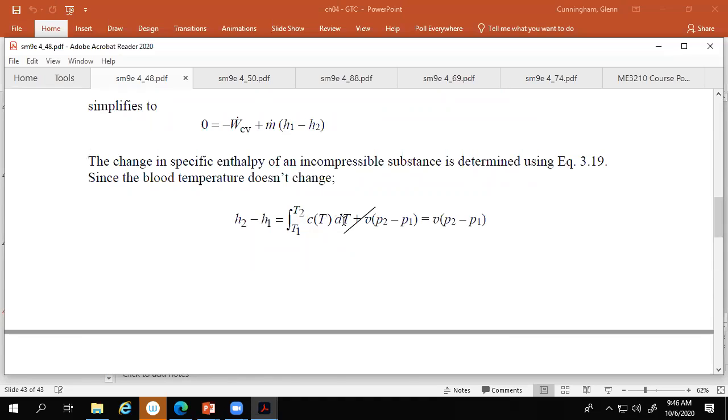But the temperature doesn't change, so dT is 0 and that term drops out. That leaves the specific volume, which is constant because of the incompressible assumption, times the pressure difference, P2 minus P1.